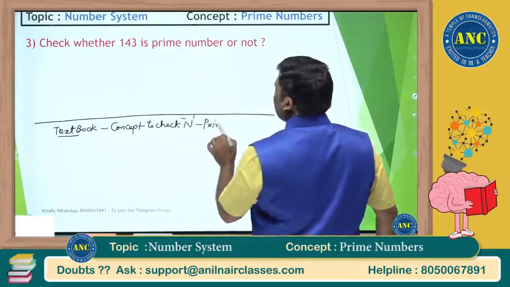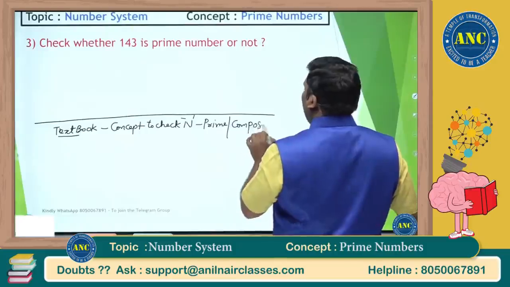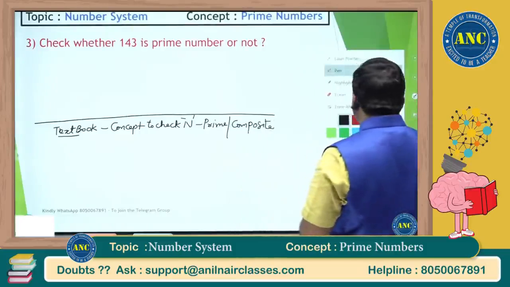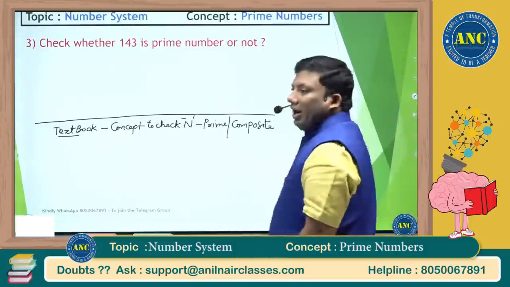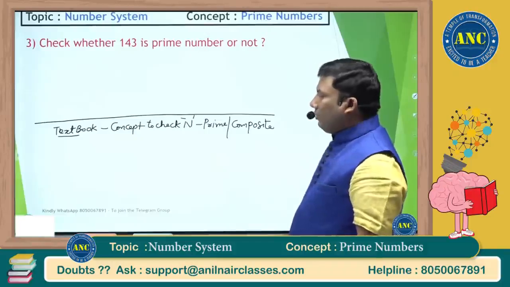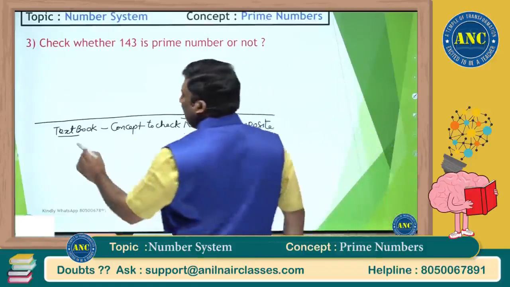For smaller numbers, this might be useful. As the number of digits increases, this rule might make your life miserable while solving that problem. How to check whether a number is prime or composite? But before I discuss that concept, let me take an example.